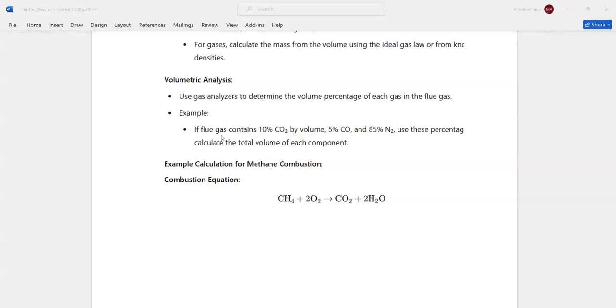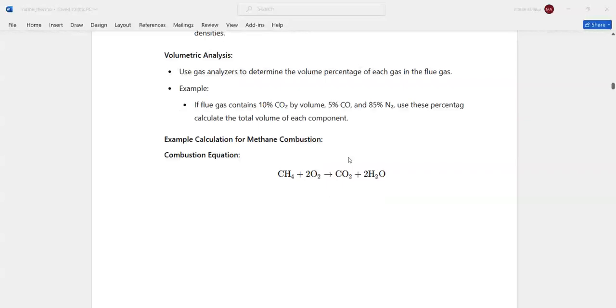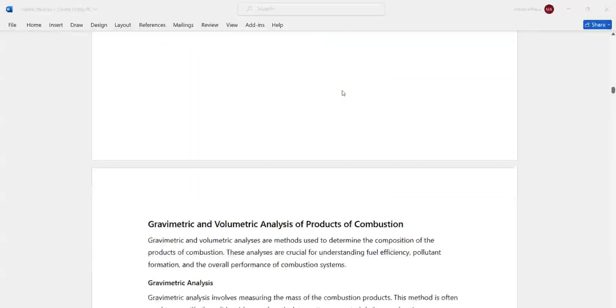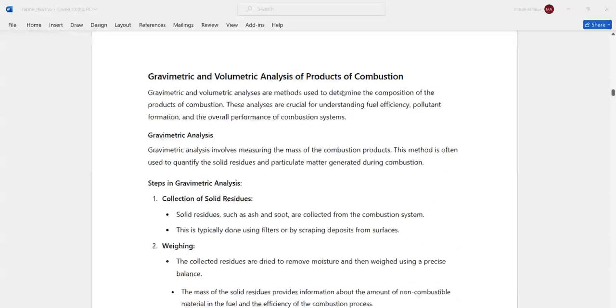If a flue gas, for example, or the byproduct of combustion, which is gaseous, contains 10% of carbon dioxide by volume, then 5% carbon monoxide, 85% of nitrogen, you use these percentages to calculate the total volume of each component. Yes. So first of all, you write the chemical equation, you balance it, and proceed.